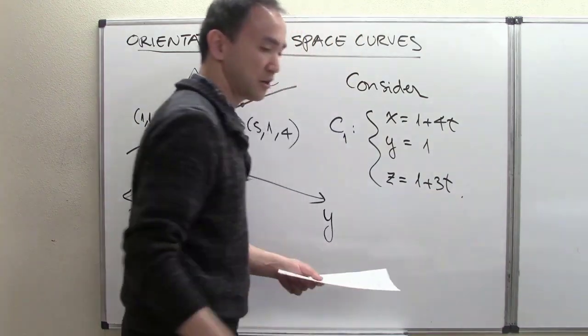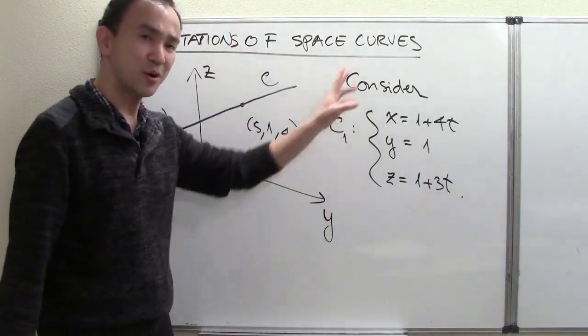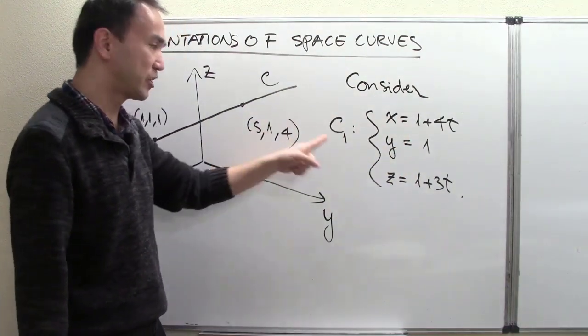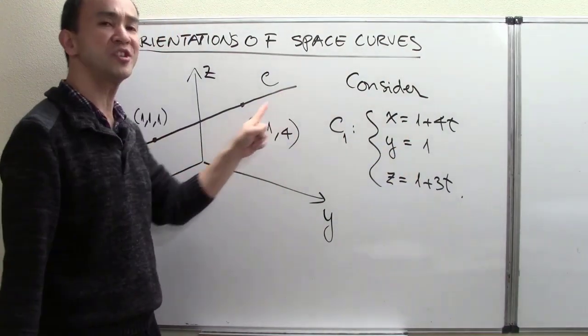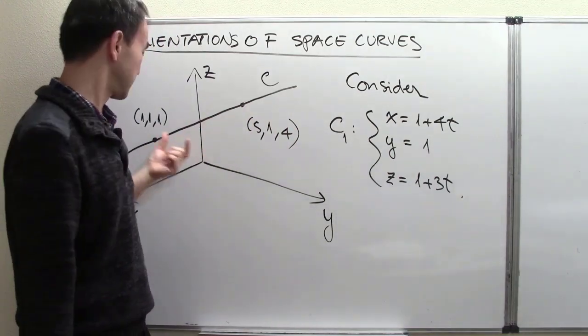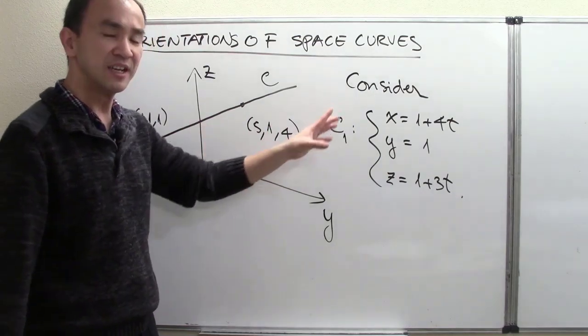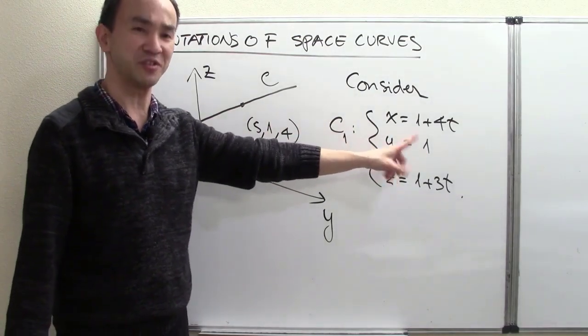Based on your previous learning, you should be able to come up with the equation of this line through the two points, (1, 1, 1) and (5, 1, 4), as parametric equations. This is one of them.